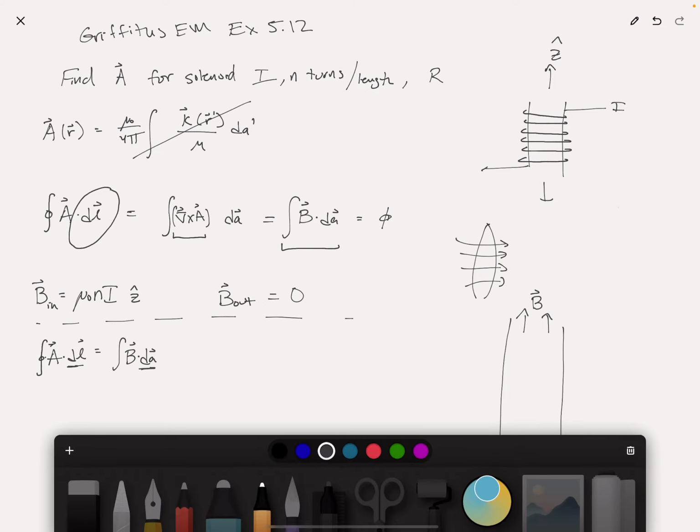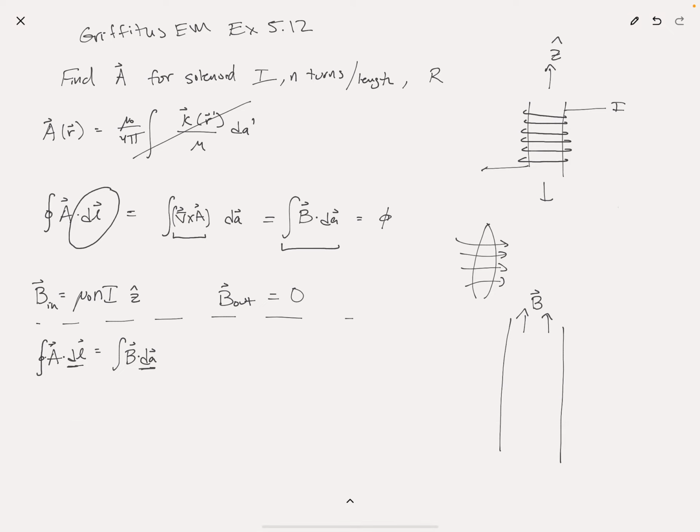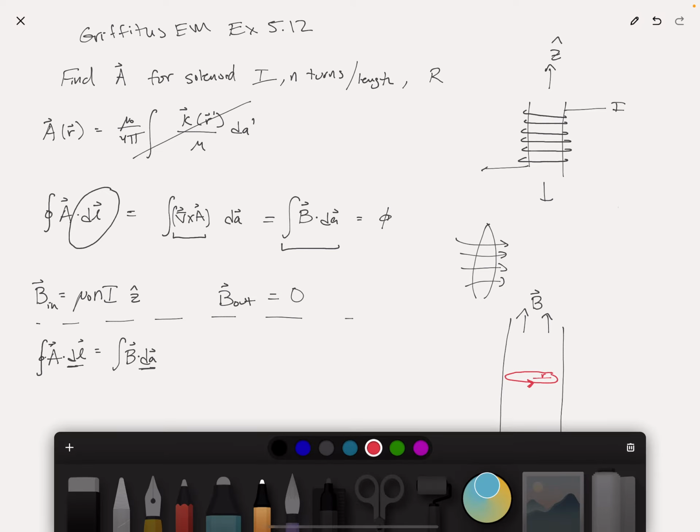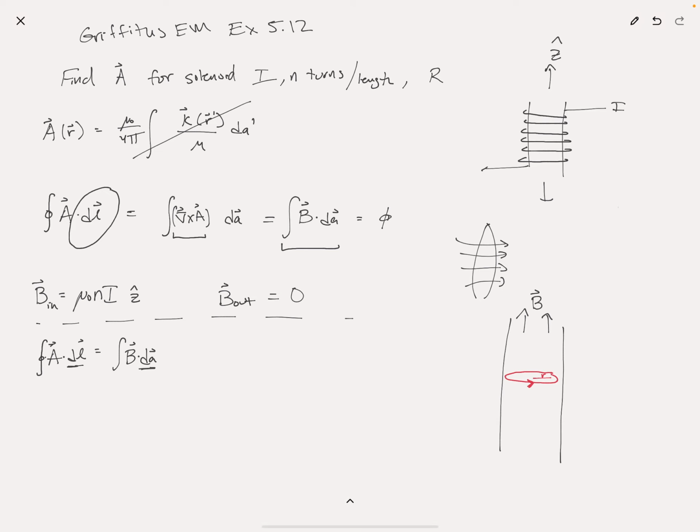The strategy here is that we can choose a circular path, aligned or concentric with the cross-section of our solenoid. I can have some loop of radius r, go around that path, and the surface that I'm choosing is just the simplest surface for that path, the flat plane enclosed by it. So that's the smallest surface.